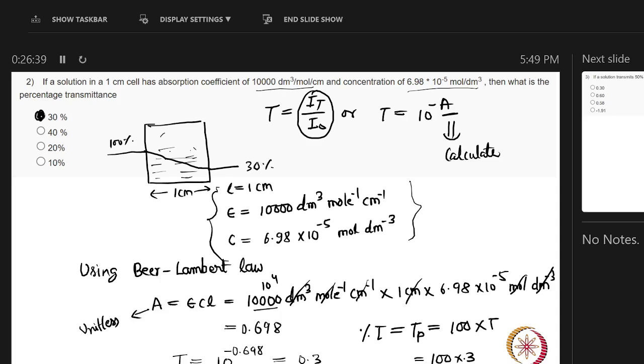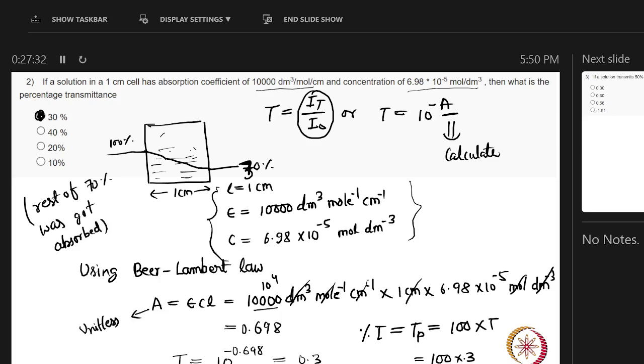This is your transmittance. 30% is transmitted, so the rest of the 70% got absorbed, correct?